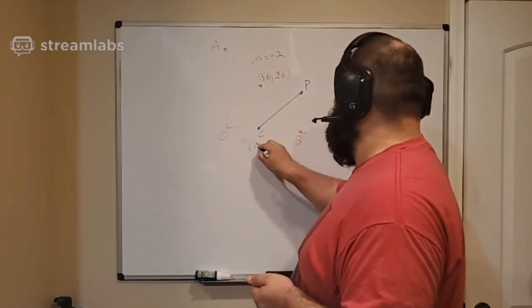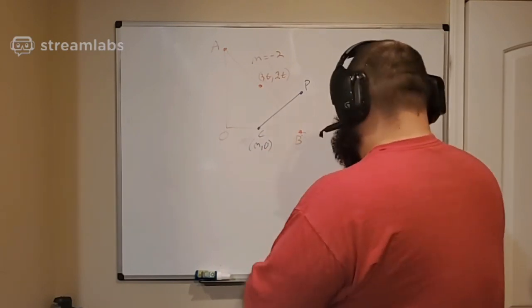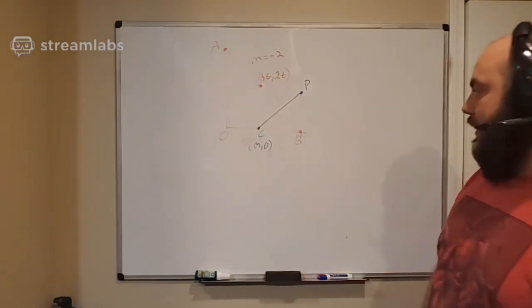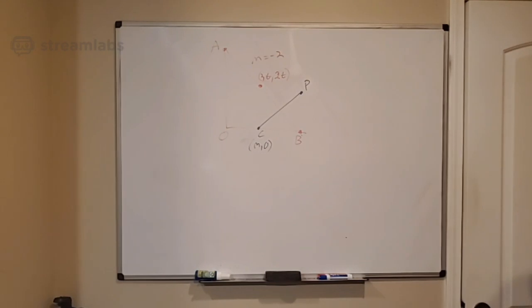A couple of things about this: as soon as I do that, I can get an equation for the line, because I know a slope and I know a point, and I'm trying to show that the midpoint of PC lies on X. They don't tell us anything about P, do they?